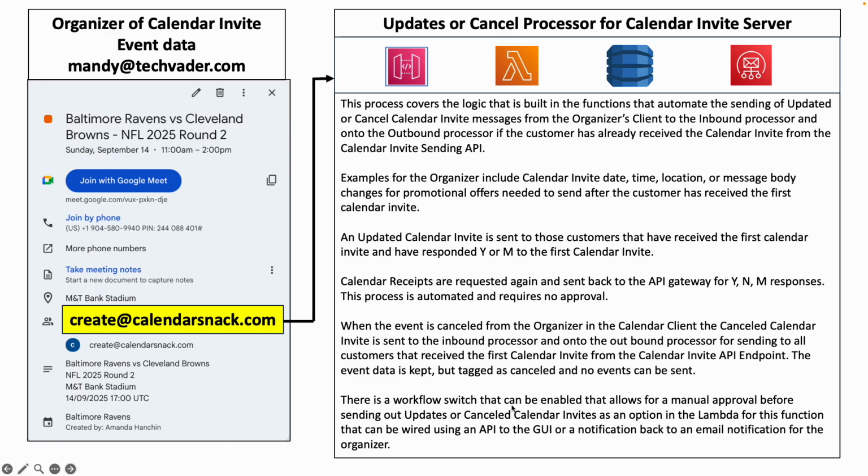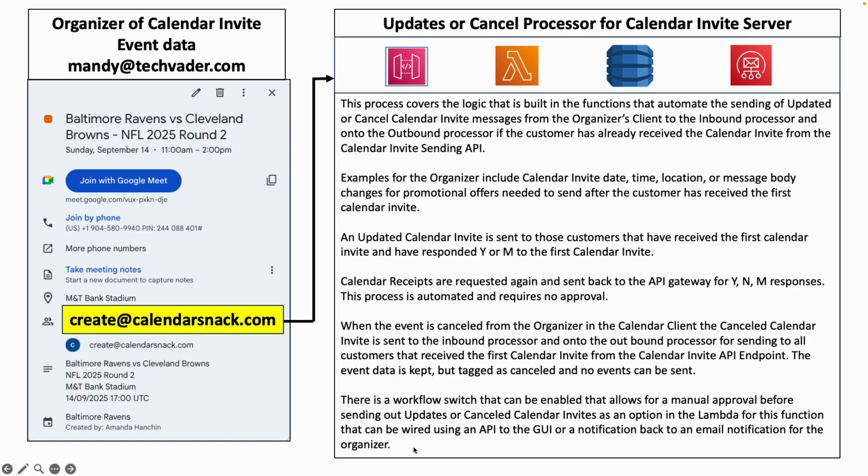So there is a workflow switch that can be enabled that allows for a manual approval before sending out updates or canceled invites as an option in the Lambda for this function that can be wired using code to an API or to the GUI or a notification back to an email notification to the organizer. And then the organizer itself could actually allow yes or no for the updated calendar invite or the cancel calendar invite to go out.